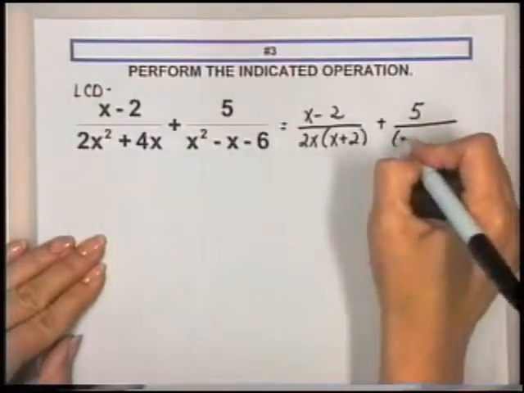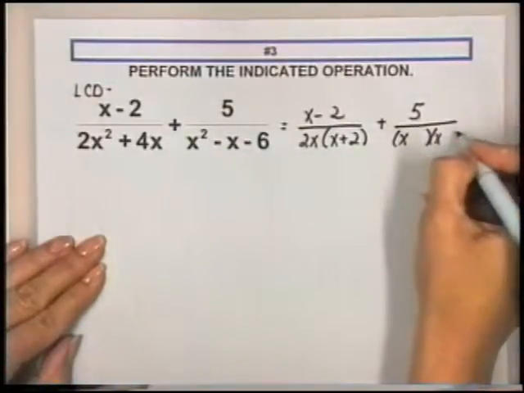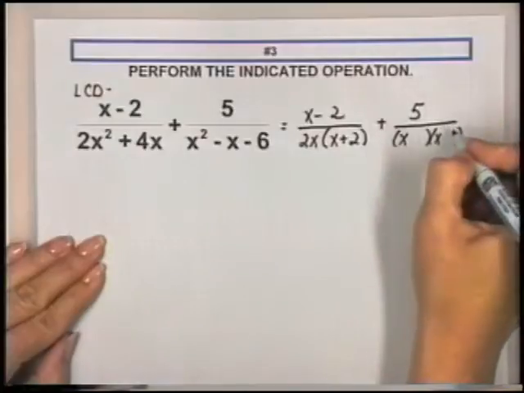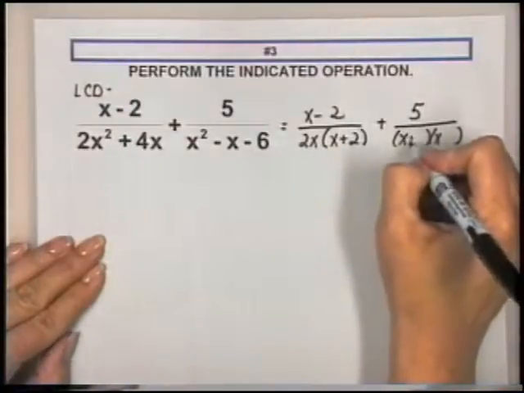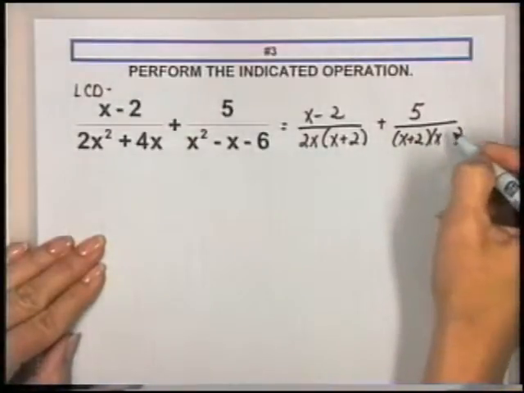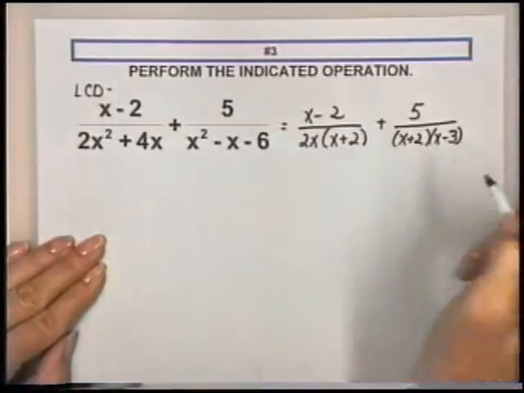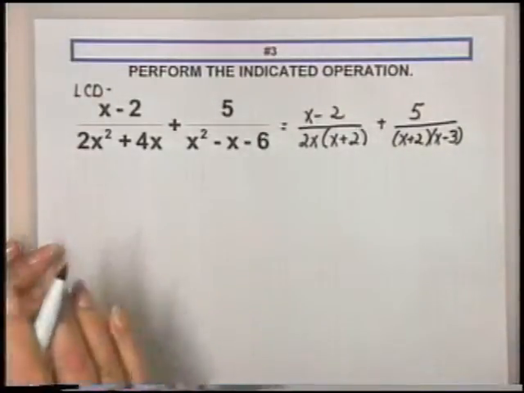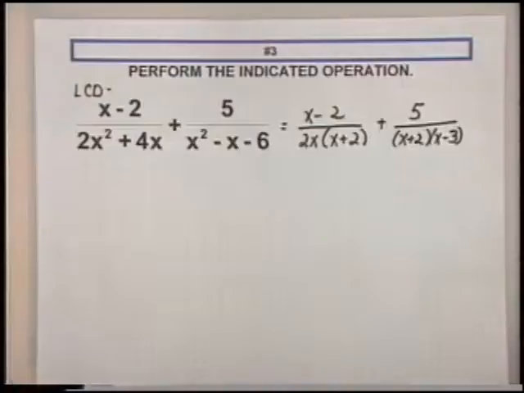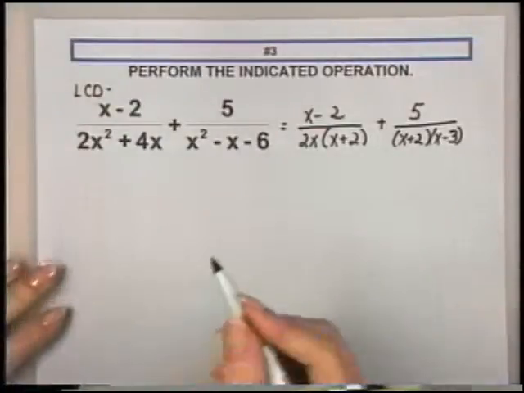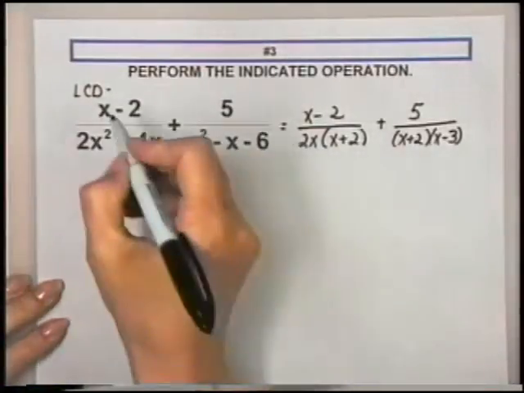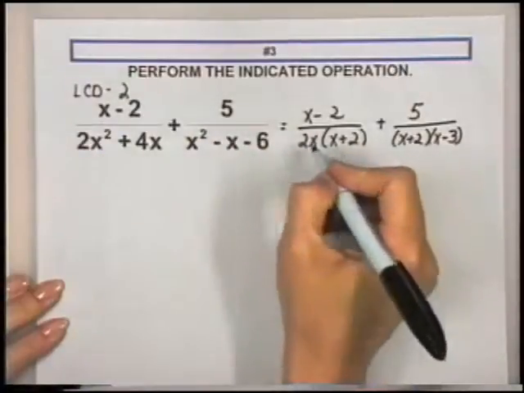On the second fraction, when I factor x squared minus x minus 6, it factors into x plus 2 times x minus 3. I am now ready to find my LCD. Let's get each different factor.